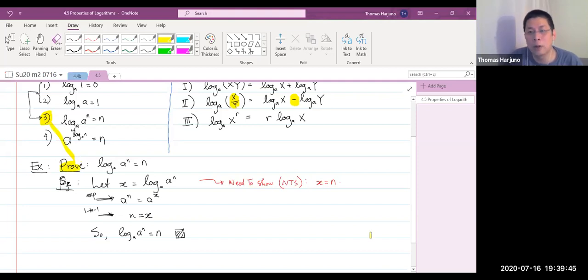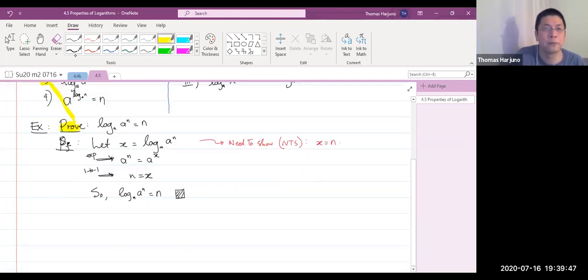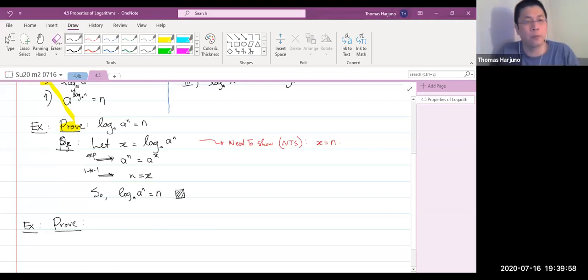Now, how about the properties that we have above? How do we prove them? Now, don't worry, I will not ask you for proofs of the algebra part. We will have proofs for the geometry part. I'm sorry, for the trigonometry part.